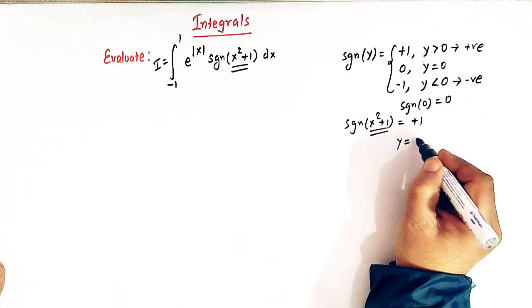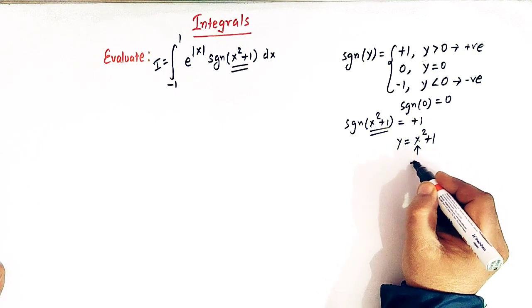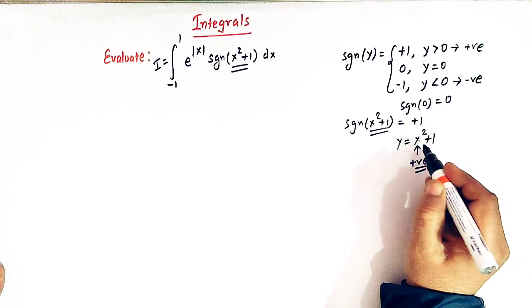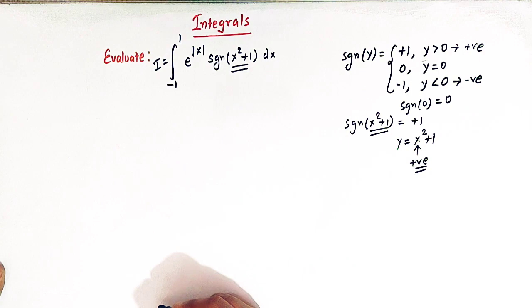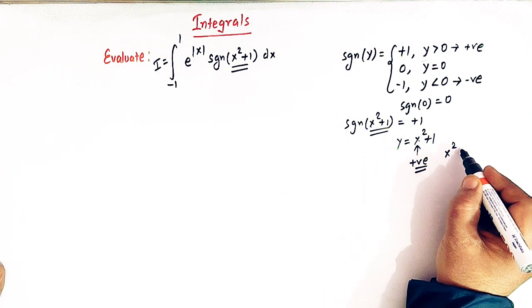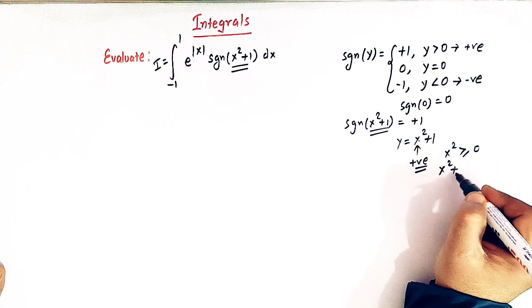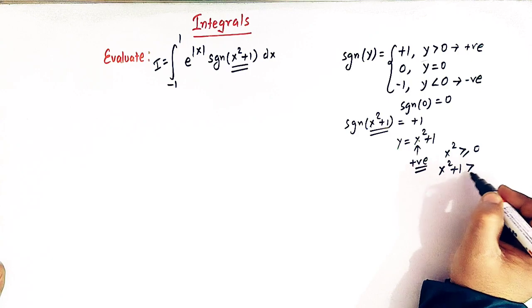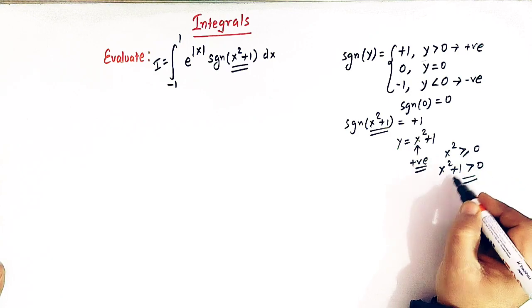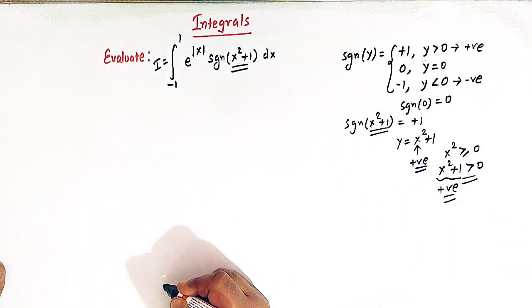If we take y equal to x square plus 1, then x square is always a non-negative quantity irrespective of the value of x. So x square is always greater than or equal to 0, and x square plus 1 is always greater than 0. It means x square plus 1 as a whole is always a positive quantity.